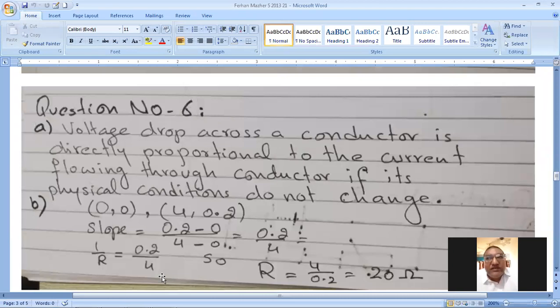Question number 6 answer is on your screen. Voltage drop across a conductor is directly proportional to the current flowing through the conductor if its physical conditions do not change. So it's the equation of Ohm's law: V is equal to IR. Remember that. V is equal to IR.